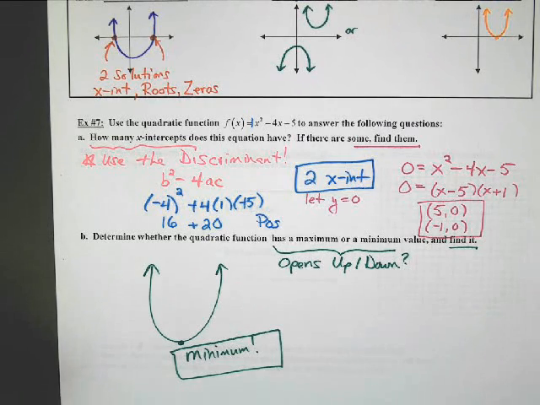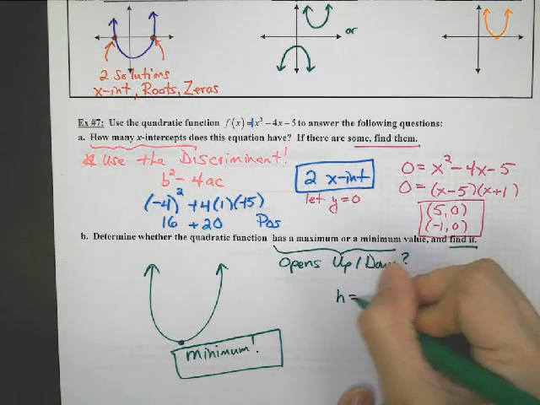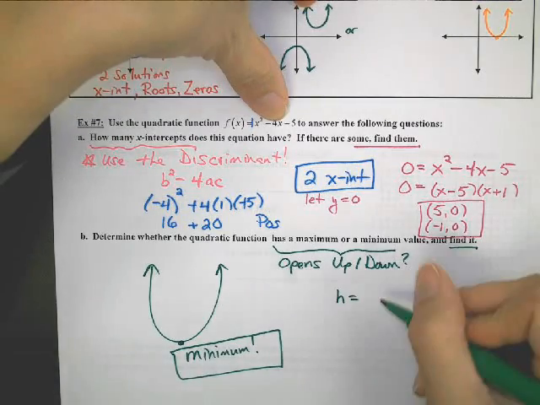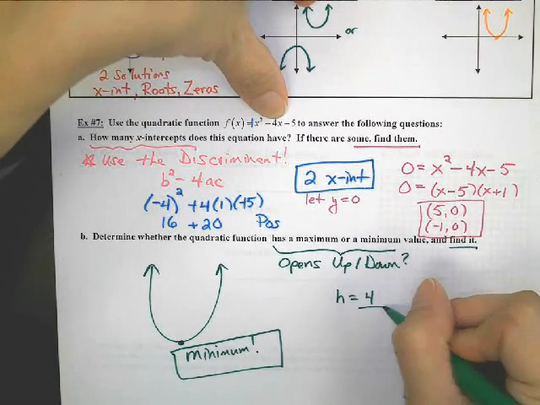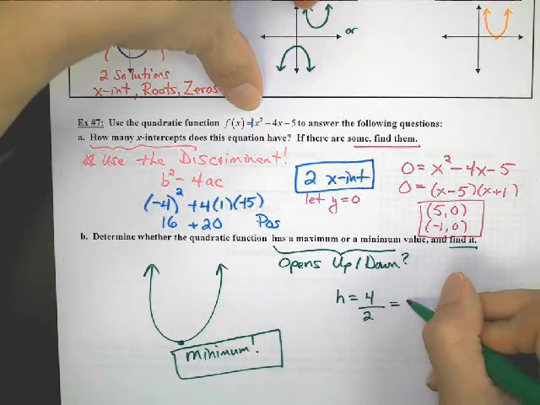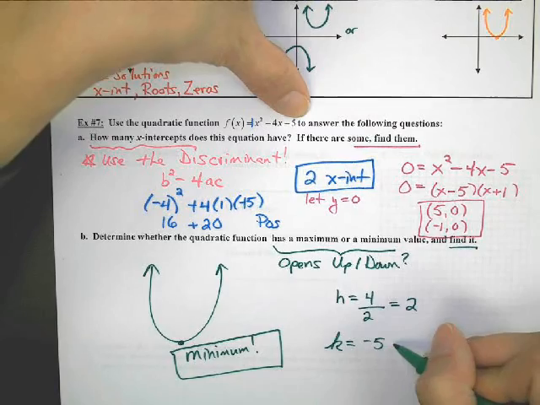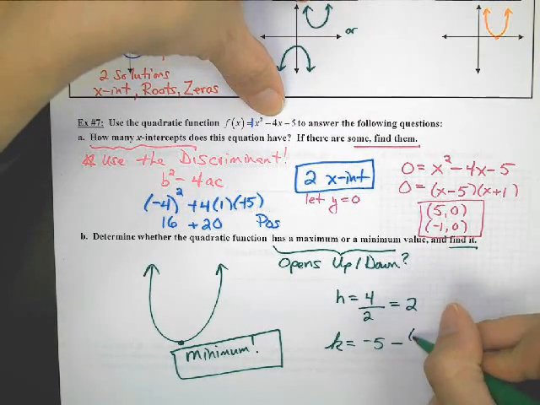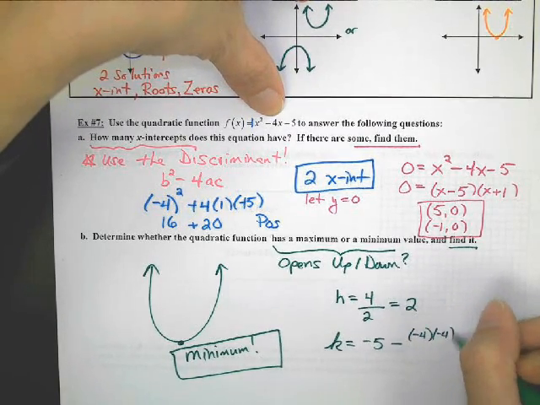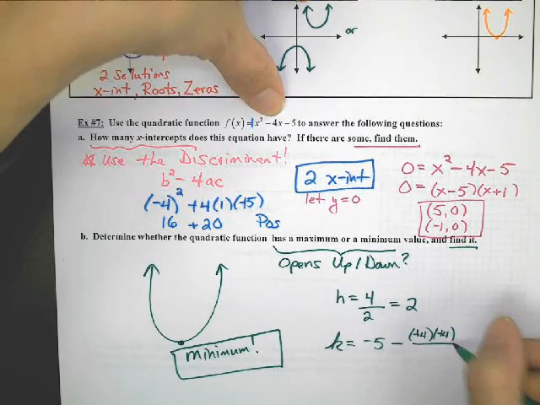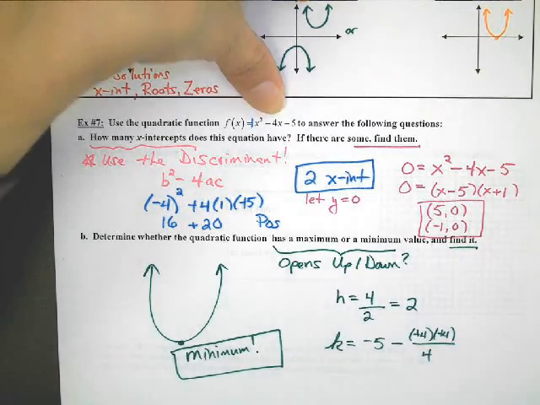I will use the h and k formulas. h equals negative b over 2a. 4 divided by 2 is 2. Let's find the k value. c is negative 5 minus b squared, that's negative 4 times negative 4. Those negatives will cancel. Divided by 4a.